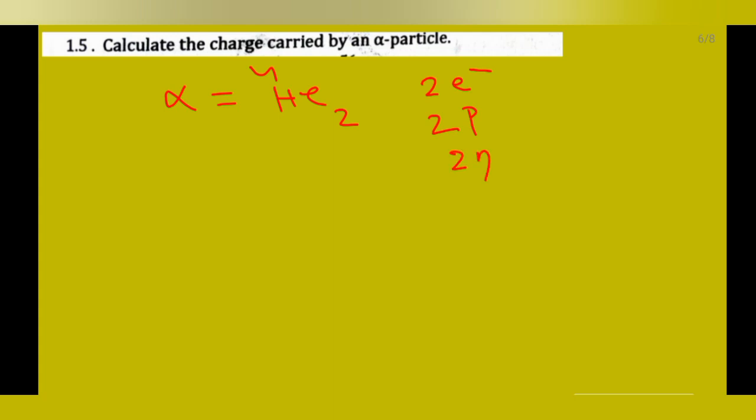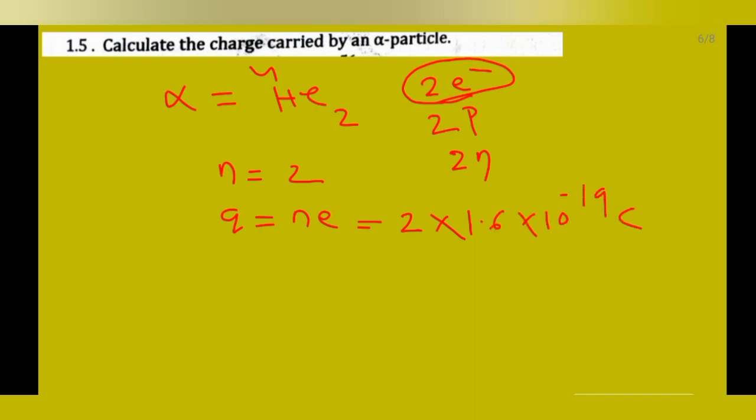So how many electrons are present in a helium particle or alpha particle? 2. Then we can find the charge. The formula is Q equal to Ne. N here is 2 and e is the charge of one electron, 1.6 into 10 to the power minus 19 coulomb. So it will be 3.2 into 10 to the power minus 19 coulomb. So the charge of a helium particle or alpha particle is 3.2 into 10 to the power minus 19 coulomb.